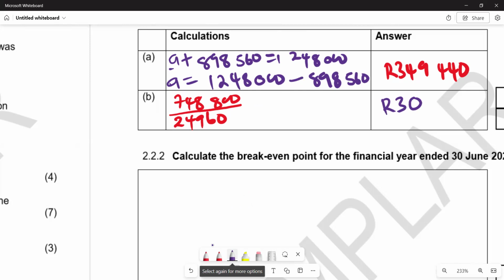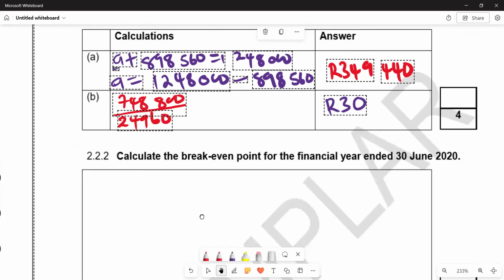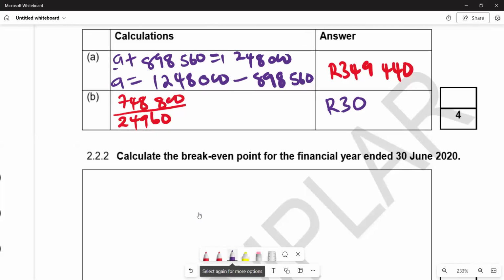Then we go back to see the next question. It says calculate the break-even point for the financial year ended 30 June 2020. So we need to put down the formula for calculating break-even point first.